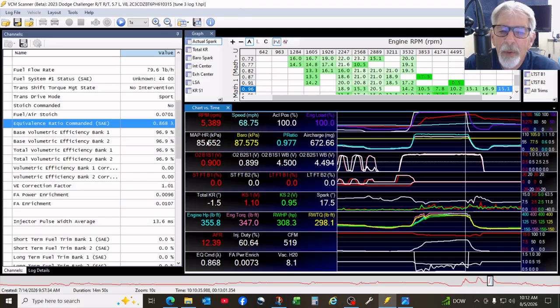So I want to get my MAP equal to my barometer, and the only way I can do it is remove these restrictions that are causing this depression. And where would those restrictions be? Well, it could be in the way the heads flow. It could be in the way the intake manifold flows, or it could be in the way the throttle body flows, or it could be the air filter is restricted. There's a lot of could be's out there.